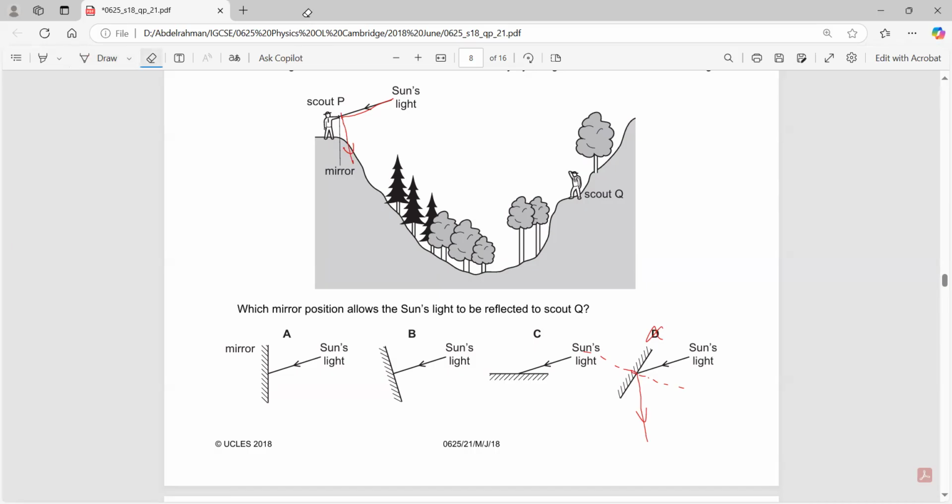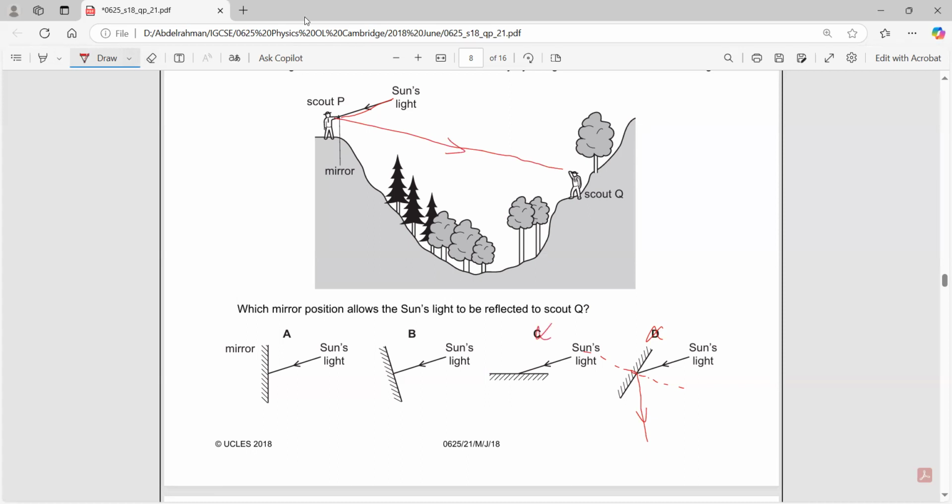We want the light to go all the way back to Scout Q, with a very small angle. So definitely C is wrong. B would reflect back, which is wrong. And we need it to reflect downwards with a small angle, which is A. If you draw a normal, it would reflect downwards with a small angle. So it is A.